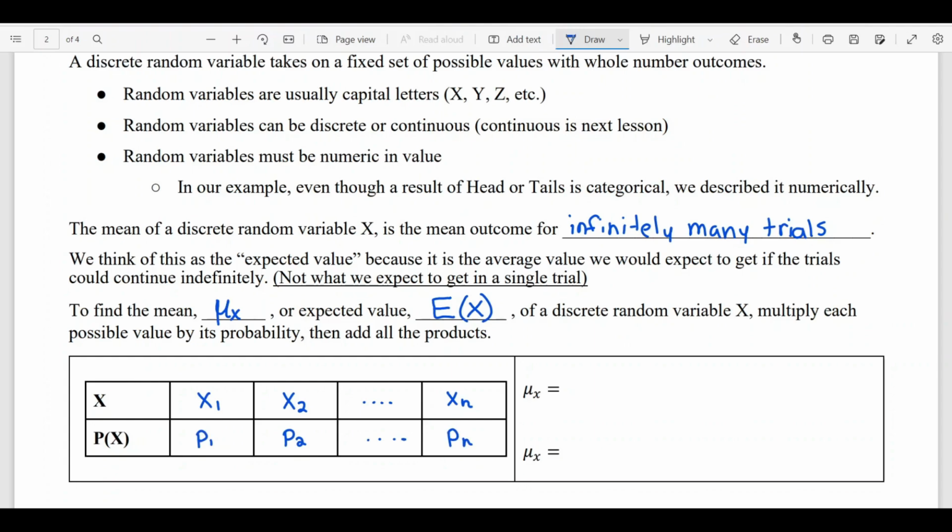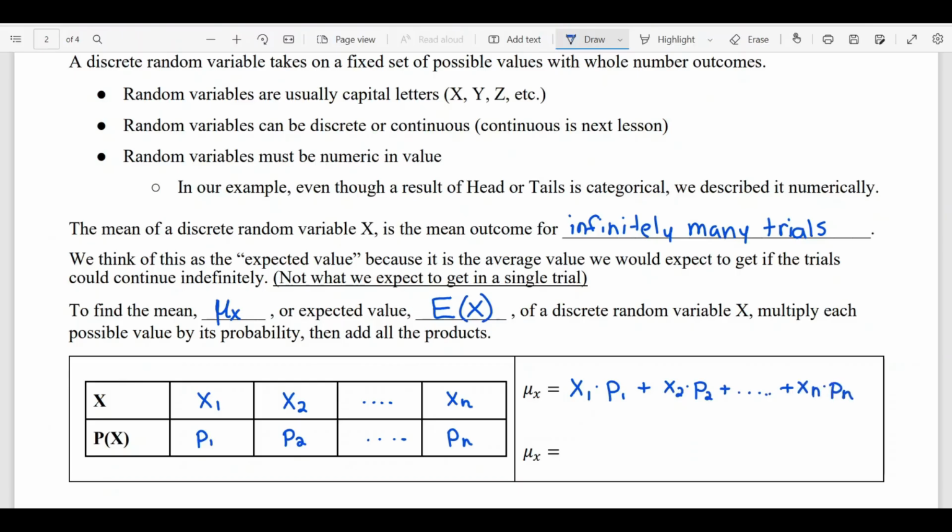To find that expected value, you take that numerical outcome and multiply it by the probability it is associated with. And then you add that to the next value times its associated probability, all the way up to the very last one, x sub n times p sub n.